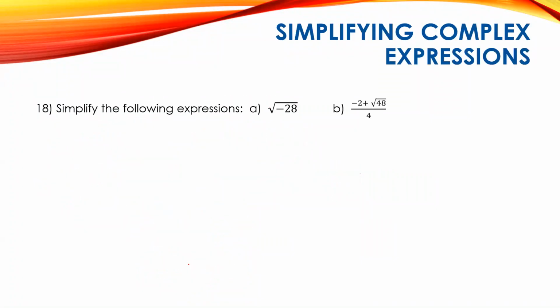And they asked to simplify the expression, and this is an exercise with i. The square root of negative 28 will be the square root of negative 1 times 4 times 7, since 28 is 7 times 4.